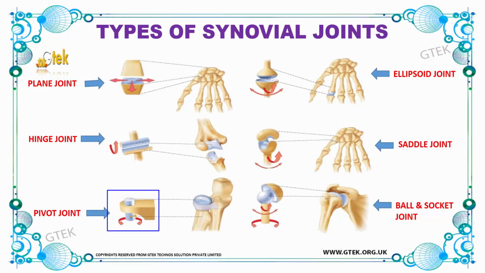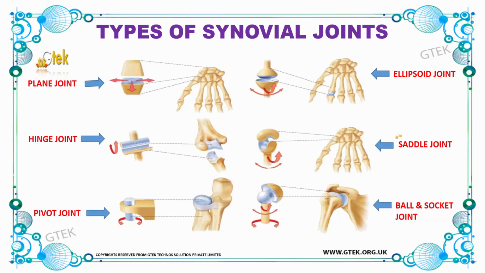It has the structure as this. Your ellipsoid joint can be found near your knuckles, in your hands. So that is your ellipsoid joint, and it has the movement as this. Your lower portion can move over here and this can move over this side.